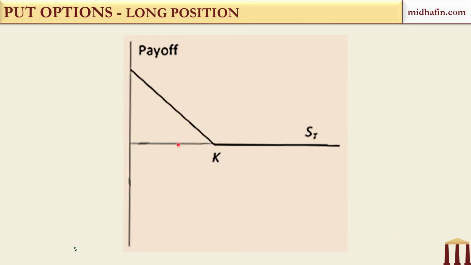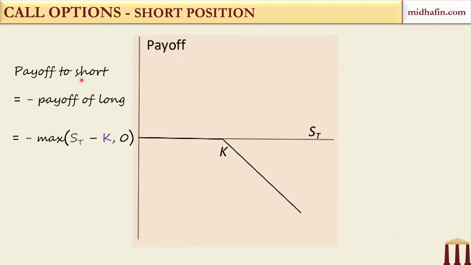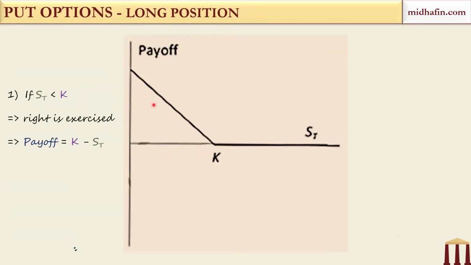So in this zone, when ST is less than K, the right is exercised and the payoff is K minus ST. Because when ST is less than K, then as a long position in a put option, you would definitely like to sell the asset at a higher price K than its current market price ST. So then you get a positive payoff.